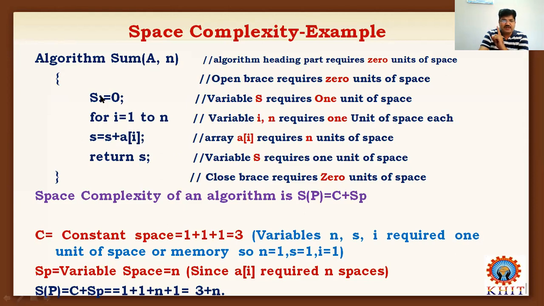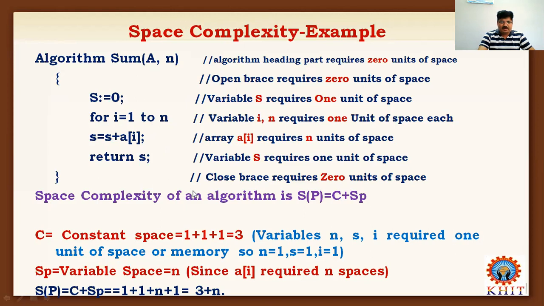So this fifth statement requires n plus 1 units for storing the variable expression. And next one is the for loop, for I equal to 1 to n. Here the variable I requires only one unit of storage and the variable n requires n units of storage for storing the data.